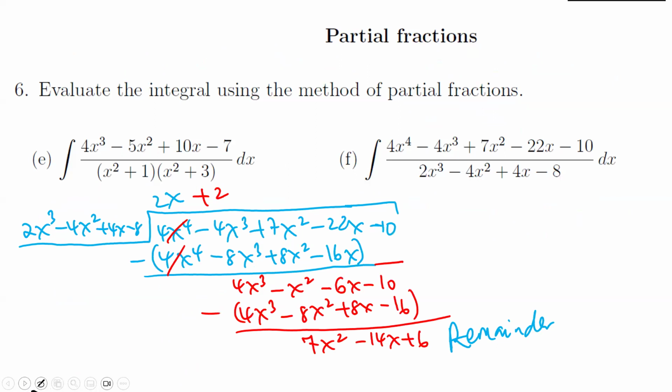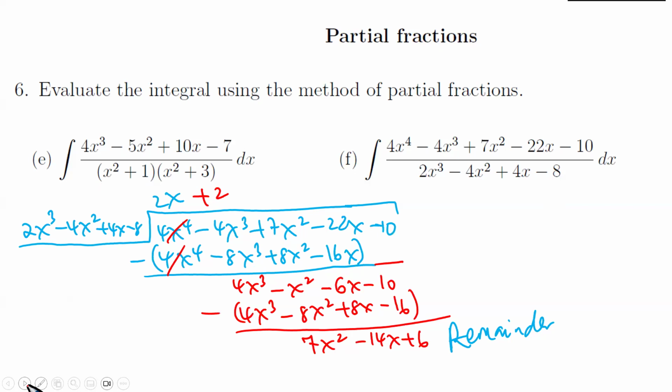I'm trying to check over the divisor. What are the factors of the divisor? I'm trying to see if there's no mistake here. Okay, just one second.